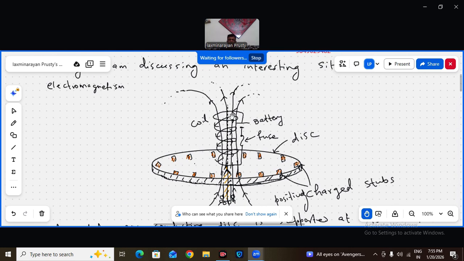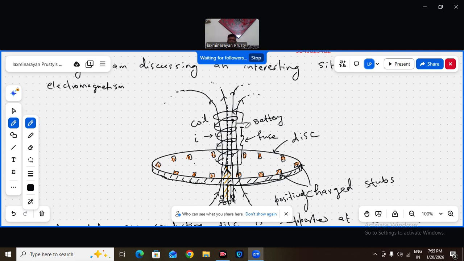And there is a coil axially placed with a battery and a fuse. Circuit is closed and current is flowing. Yes or no? As you see by this arrow mark, current is flowing. This is the I, current is flowing in the loop.